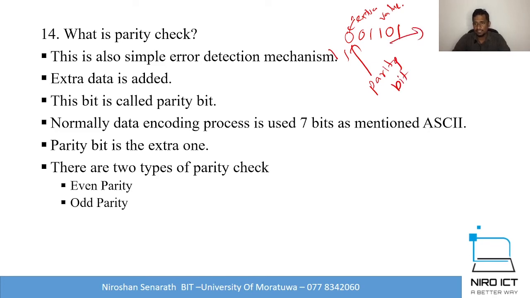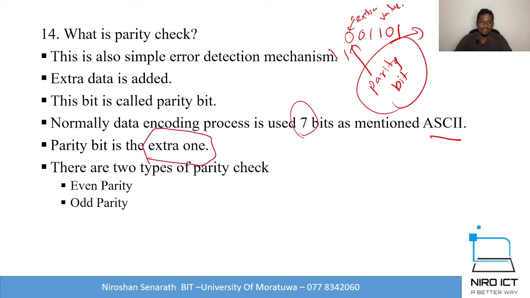When you are transmitting some original data or original signal, you are adding another extra bit to recognize that, and that is called the parity bit. Normally the data encoding process uses 7 bits as mentioned in ASCII. The parity bit is the extra one. The 7 bits are used in data encoding techniques, and the extra one is the parity bit.